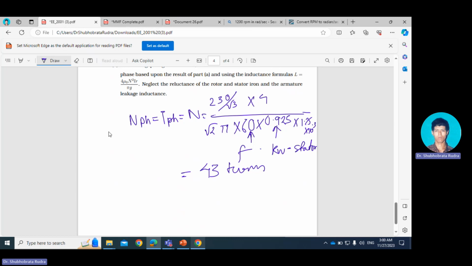Now, how to find out the L? The formula is given. You just need to put all the values.